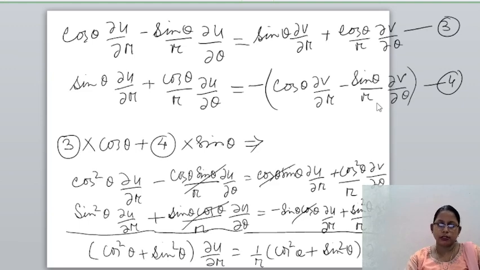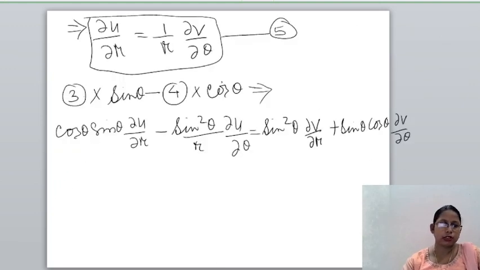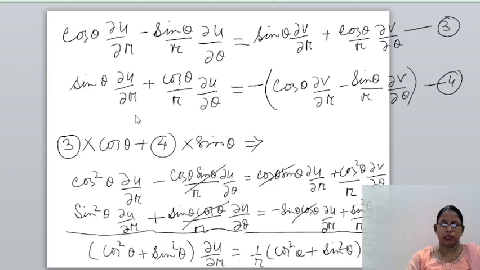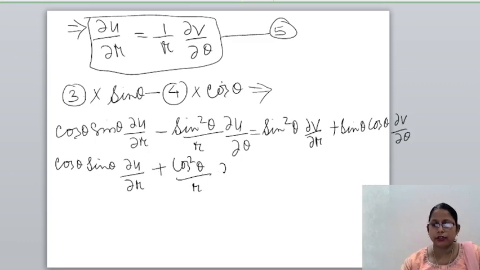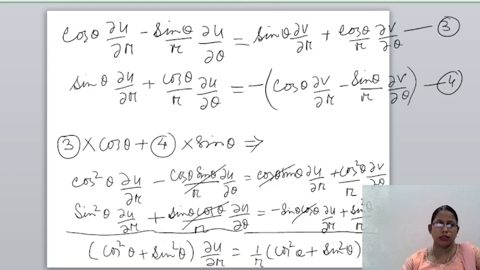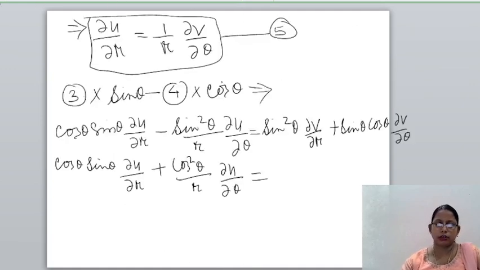Next, multiply this by cos theta: cos theta sine theta del u by del r, then again plus cos square theta by r del u by del theta is equal to minus cos square theta del v by del theta minus cos square theta del v by del r.